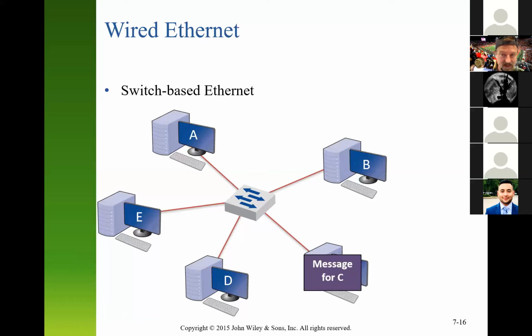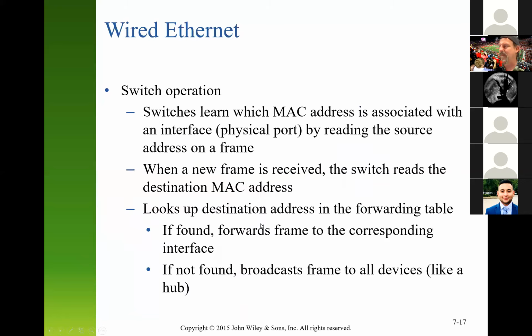Let me create a table and make note of that. So the next time that I get a message intended for computer A for that MAC address, I'll know, oh, I just need to send that directly to port 1. Don't need to bother looking, is he on port 2, 3, 4, 5? It's called a MAC address table or an ARP table.